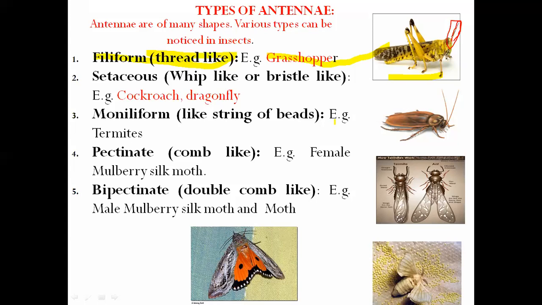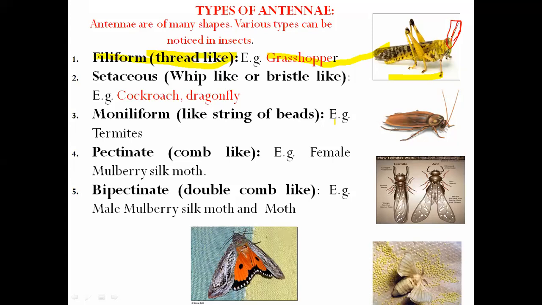So never write setaceous or aristate. Always remember it's filiform. Otherwise, if you are in your village and get this specimen, try to observe the antennae. Is it really filiform or thread-like? This is from the observation point of view, to study the antennae of insects.